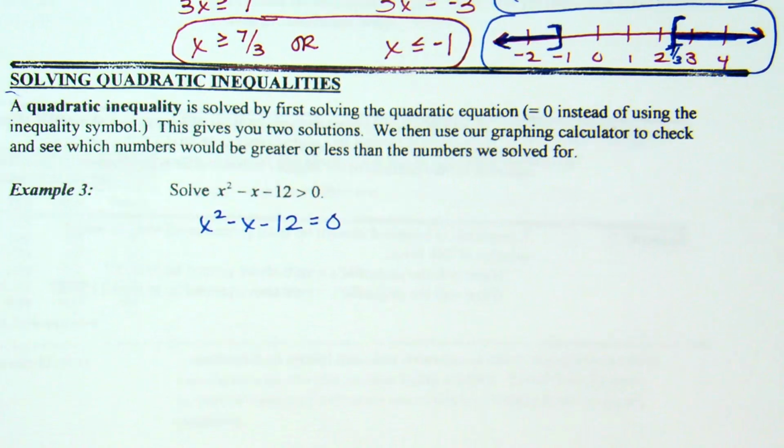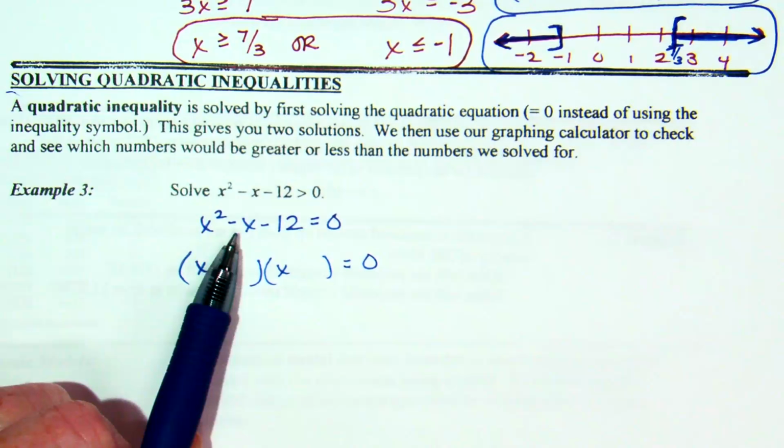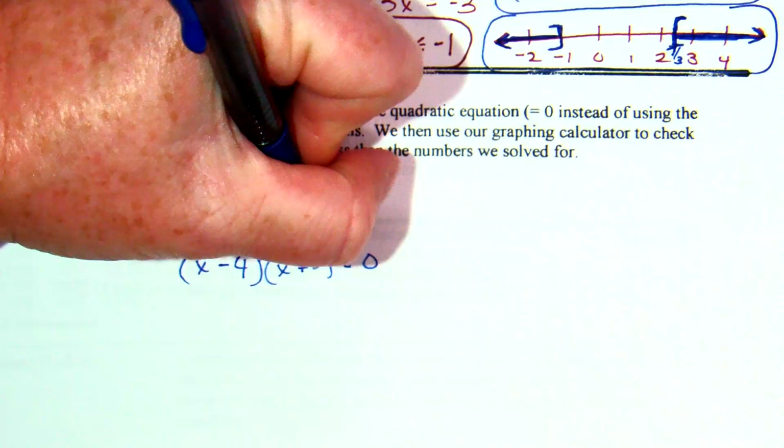Not saying you couldn't use the quadratic formula. If we factor this real quick, x squared is x and x, a product of negative 12, and a sum of negative 1. Minus 4 plus 3.